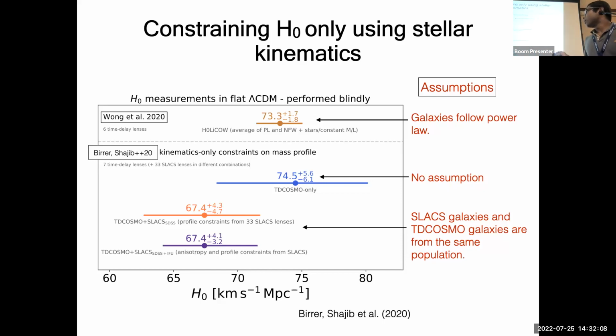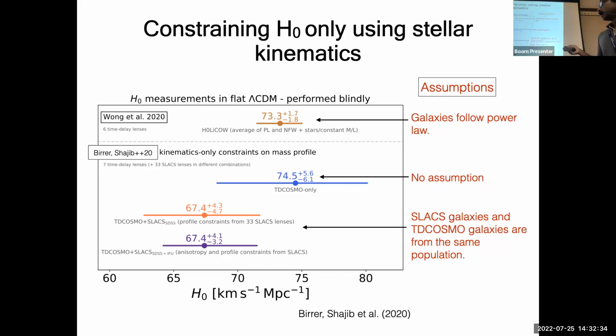So now we want to use a prior from other systems, and we only have 7 systems that have measured time delays. So we can use other lensing systems that do not have time delay measurements, but still you can use their lensing and dynamical observables to give us a prior on the mass density profile slope.